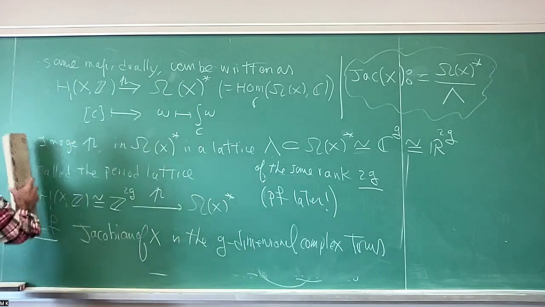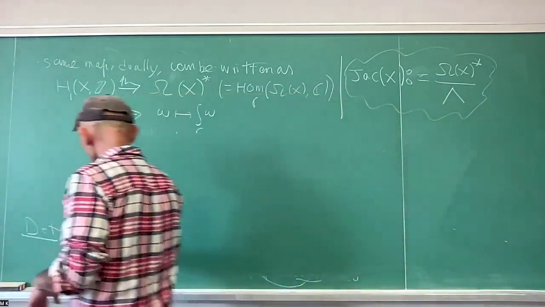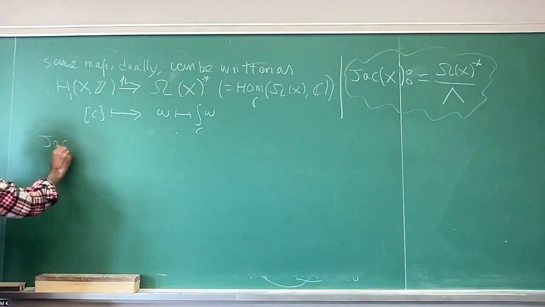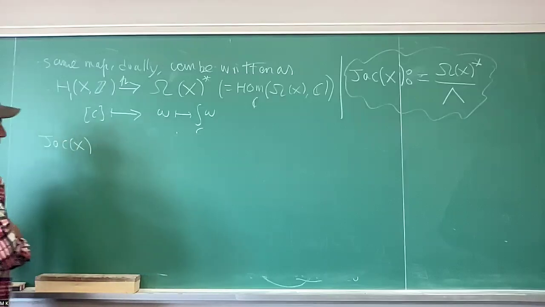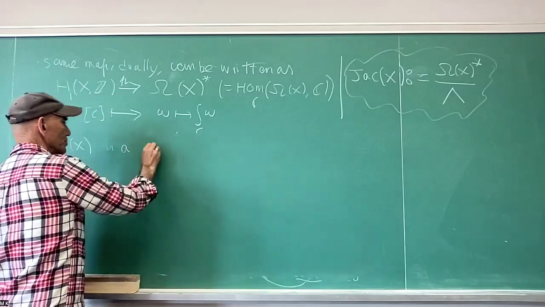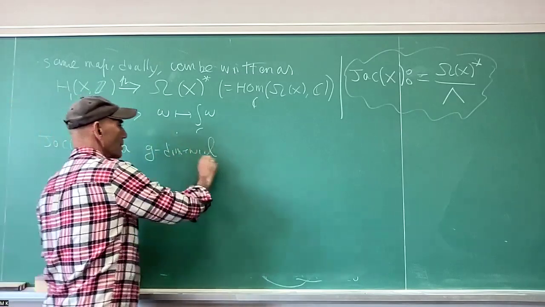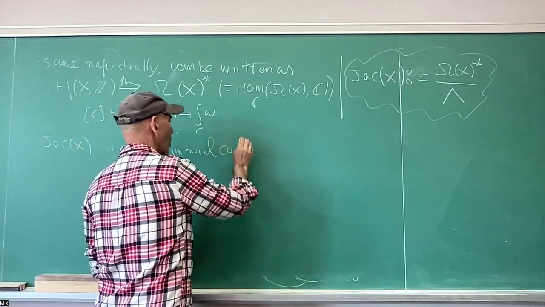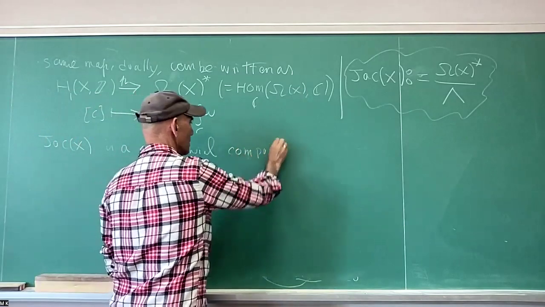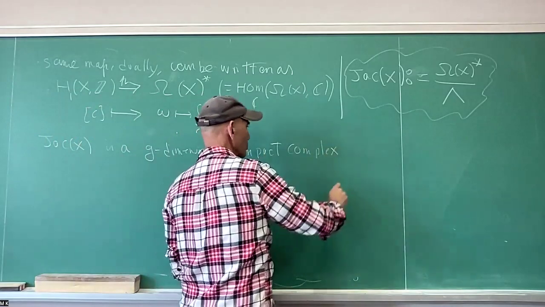Okay, so now let me just make some comments here. Okay, so the Jacobian of X is a g-dimensional complex, compact actually, because it's a torus, complex Lie group.